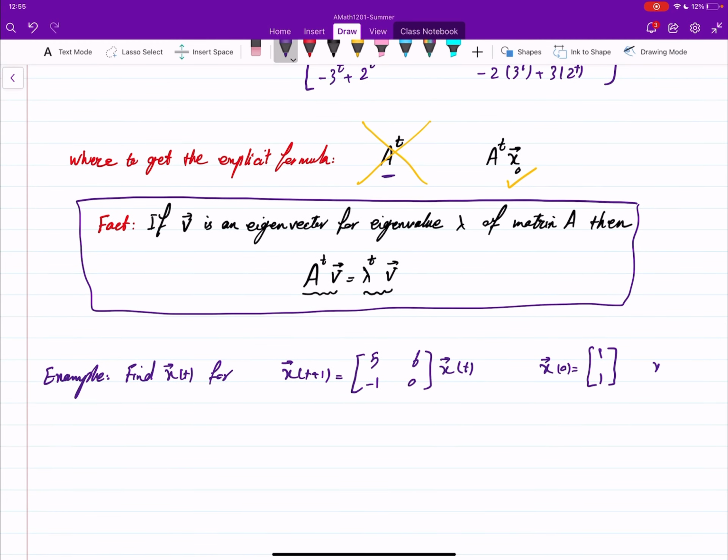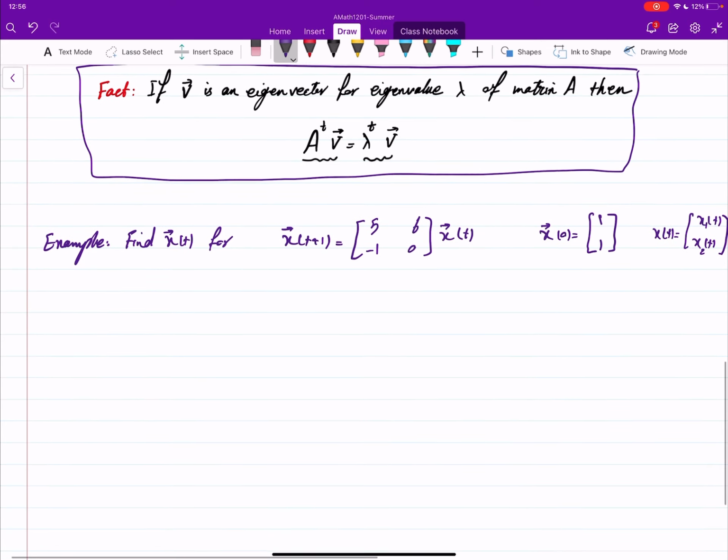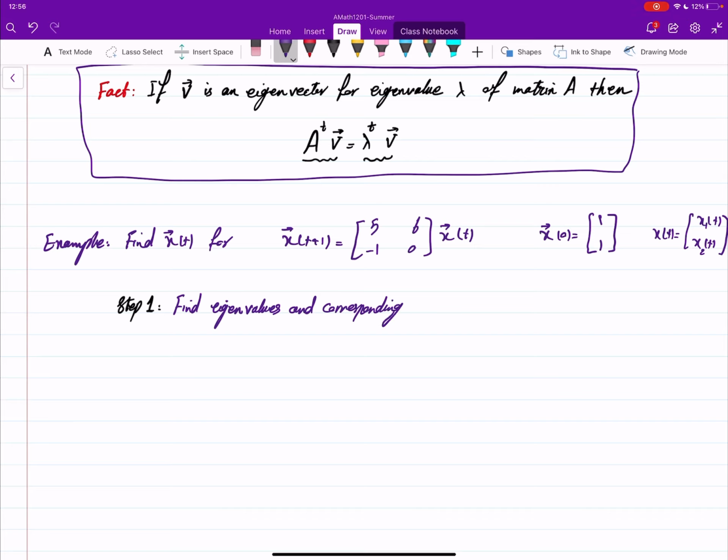Okay, so here are the steps that you have to do. Note that x_t has two components, x1 at t and x2 at t. First thing is you find eigenvalues and corresponding eigenvectors of matrix A. In our cases, these eigenvalues are going to be distinct.